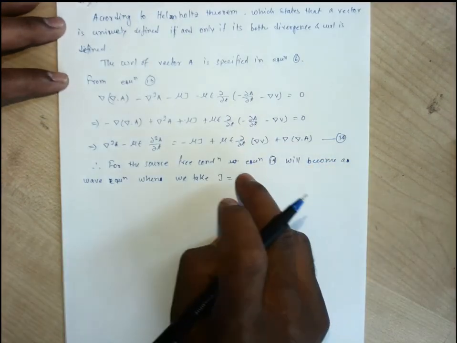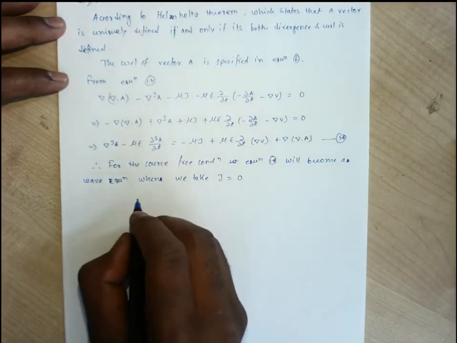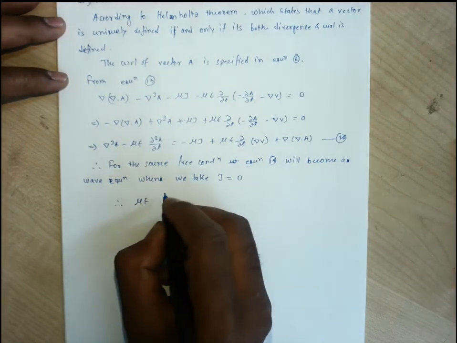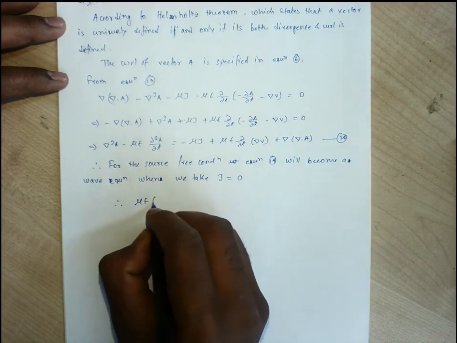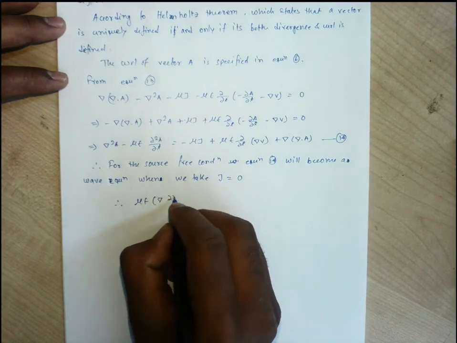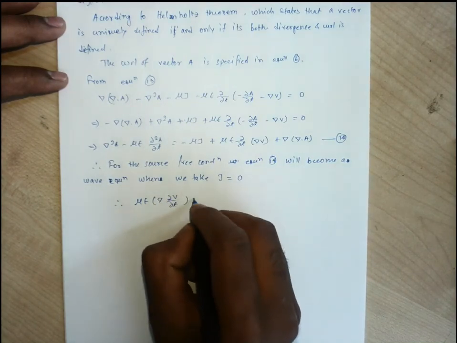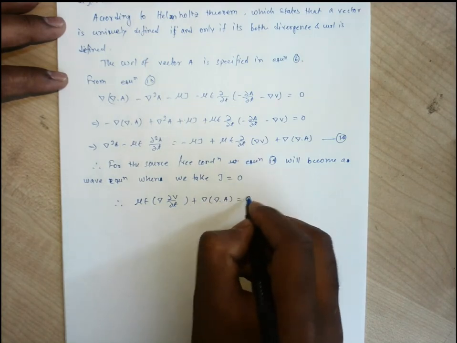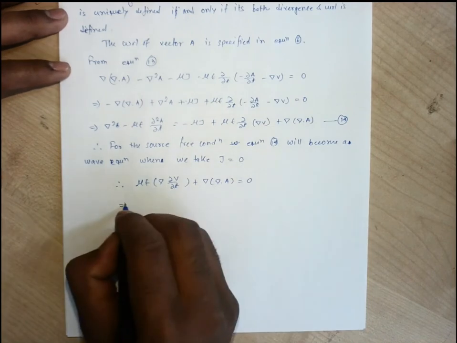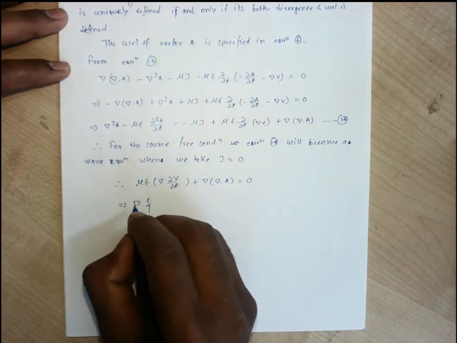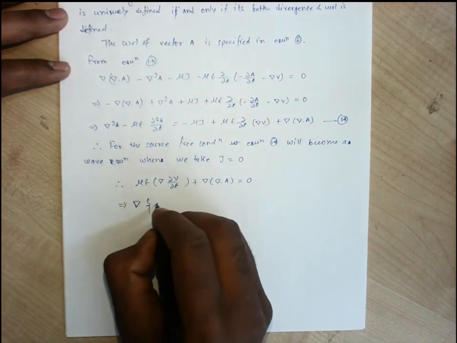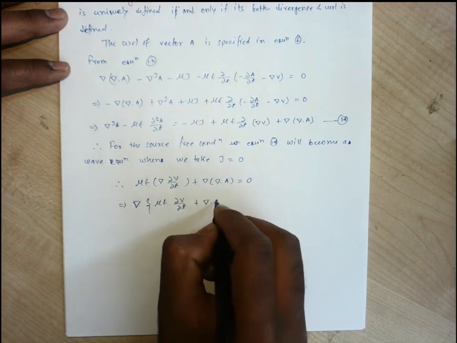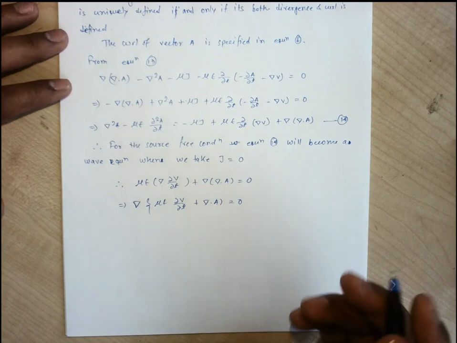So if J is equal to 0, then mu epsilon del of del V by del T plus del of del dot A is equal to 0, or the gradient of mu epsilon del V by del T plus del dot A is equal to 0.